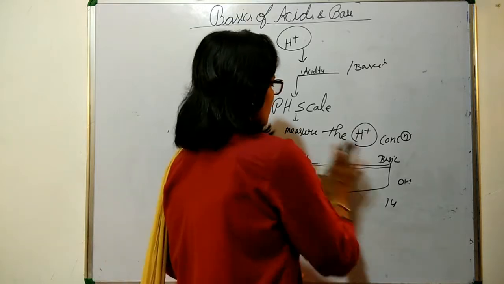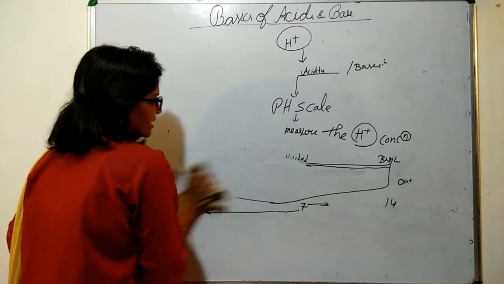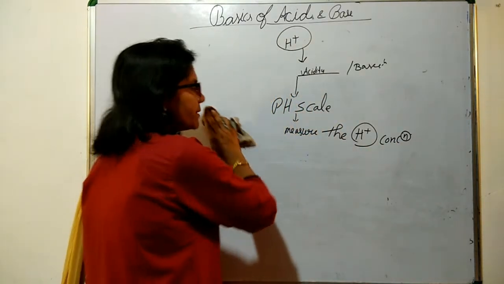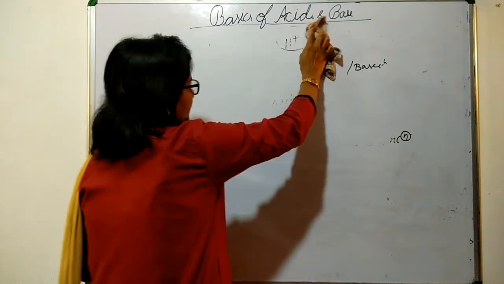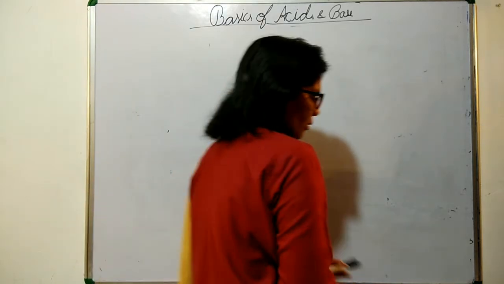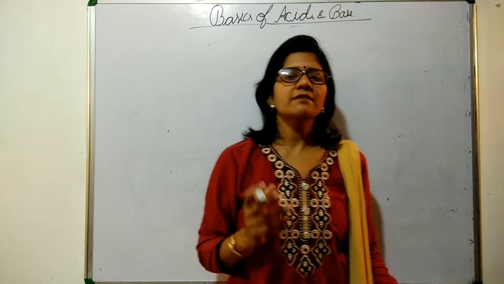So that was about how we use the pH scale, and now we find the importance of pH in biology, chemistry and physics. There is so much importance. At first we'll start with our body.